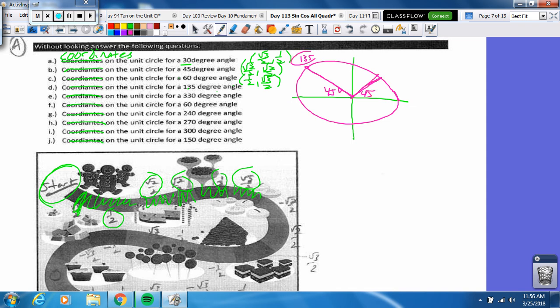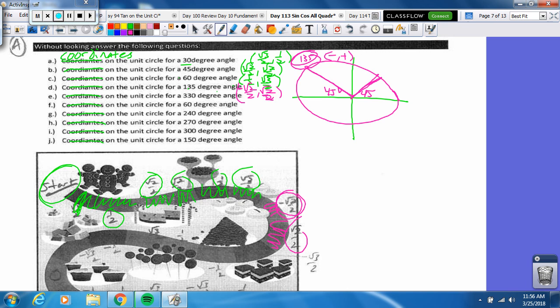So this 135 is going to be radical 2 over 2, comma, radical 2 over 2. What quadrant am I in? The second. The second quadrant has a negative x and a positive y. So that would mean negative radical 2 over 2, positive radical 2 over 2. Cool. Now I'm on my way.